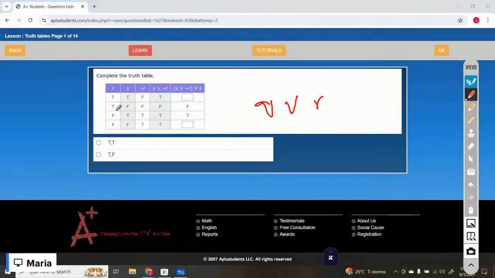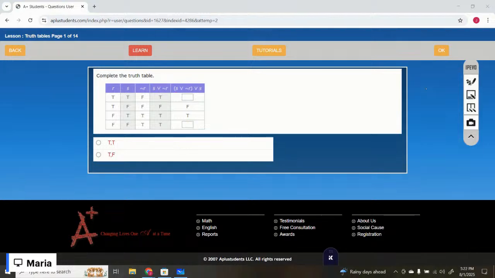We are given the columns R, S, negation of R, and S or negation of R. This column is the OR of these two columns. True, true, true. False, true, and true. So they both are true. Option number one is the correct option, that is true and true.